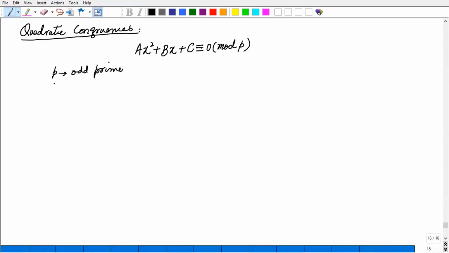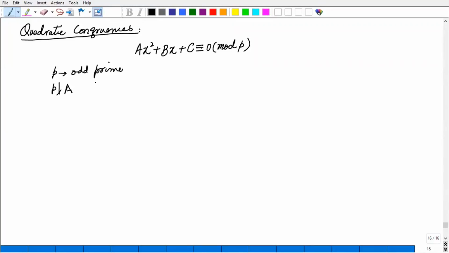and p does not divide a, because if p divides a, then the coefficient of x² becomes 0 in the congruence. So this quadratic congruence will become a linear congruence.